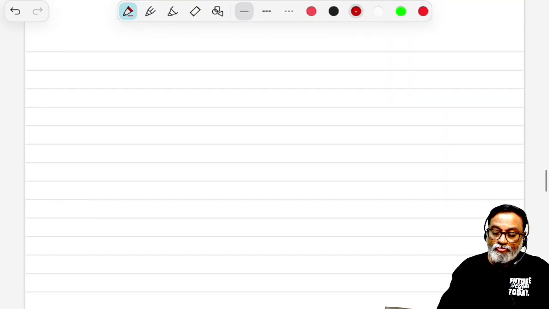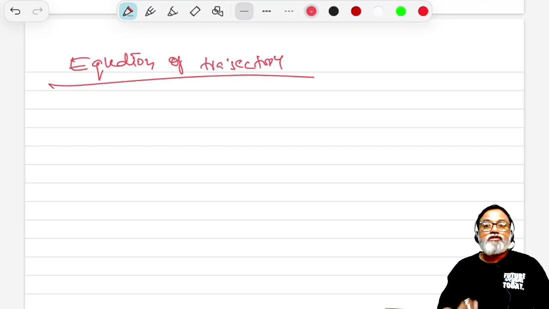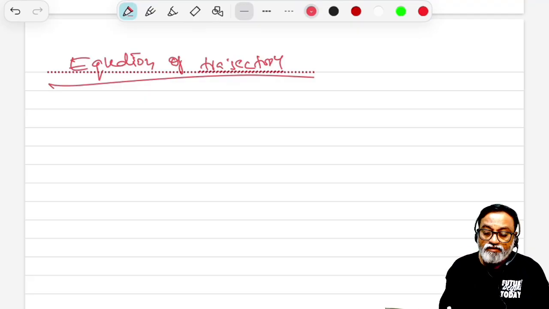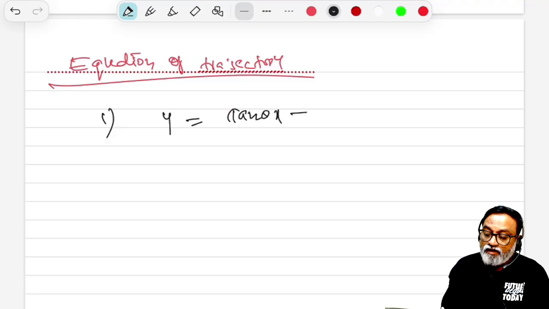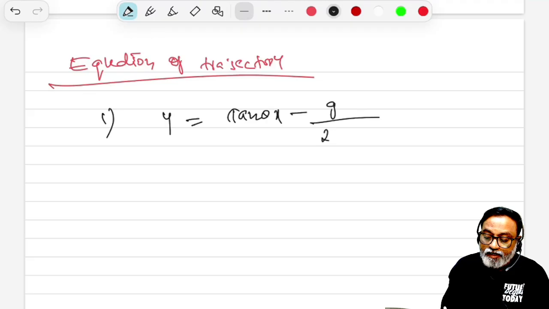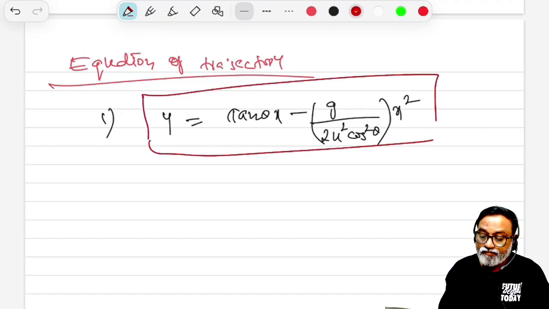Next one, equation of trajectory. There are three equations of trajectories. First one, y is equal to tan theta x minus g by 2u square cos square theta into x square. This is one equation.